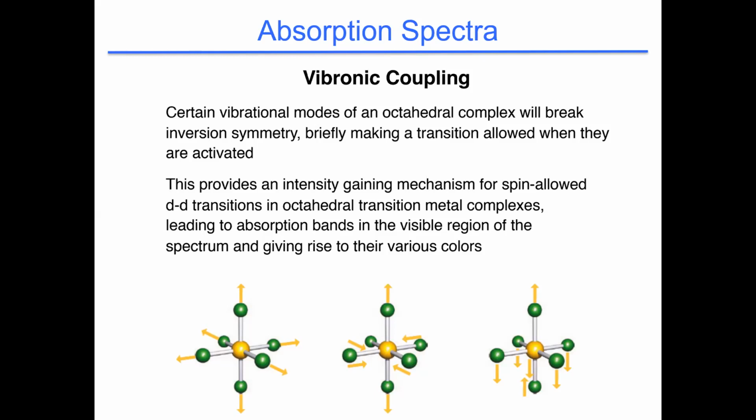This is a phenomenon that leads to spin allowed d to d transitions in octahedral metal complexes. This allows for absorption bands to be visible and leads to the colors of transition metal complexes.